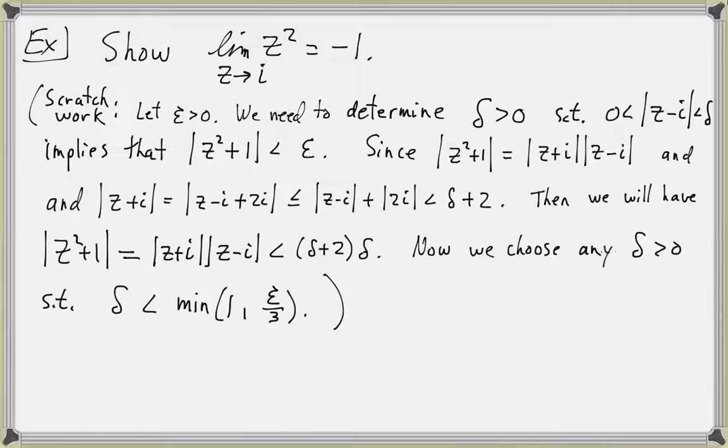Now we can put this all together. So for epsilon greater than 0, let delta be a positive number such that delta is less than the minimum of 1 and epsilon over 3.